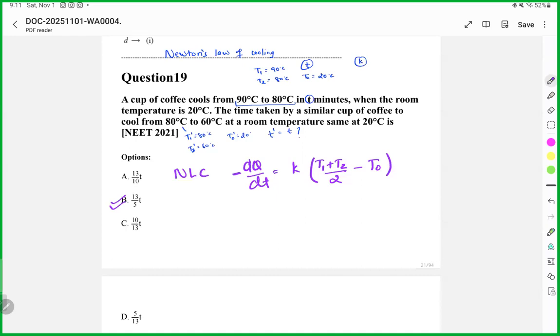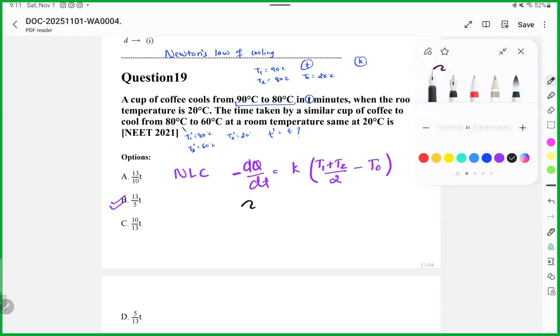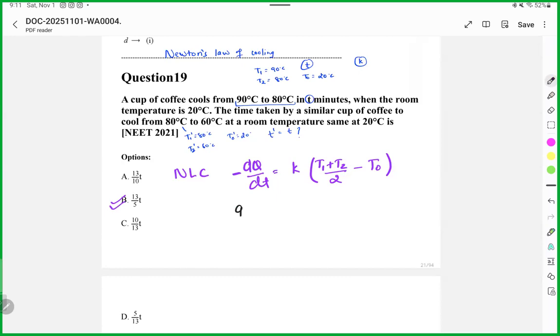So what is the change in temperature in the first situation? From 90 degree, final minus initial: 90 minus 80. Time taken is T. The K value, you can take minus to the other side. K times, T1 90 plus 80 divided by 2, minus 20.